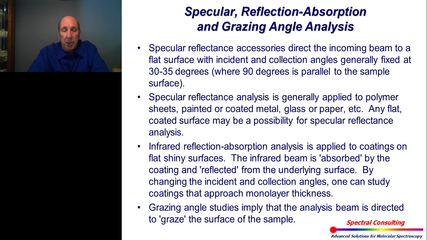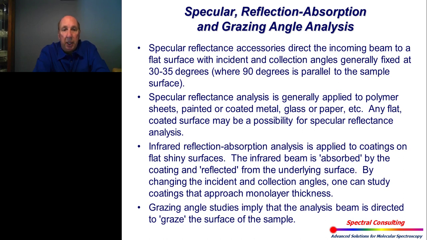Lots of polymer sheets, painted or coated metals, glasses or papers. Any flat coated surface is a possibility for specular reflectance. And we can also then go on to infrared reflection absorption, which is applied to coatings on flat shiny surfaces. So by widening the angle, so instead of 30 to 35, maybe 40, 45, 50 degrees, we start to widen out the angles and get more absorption from the surface area of the sample.